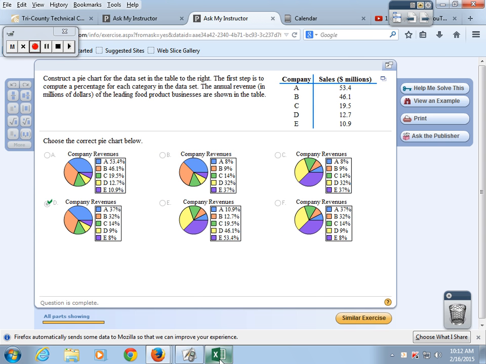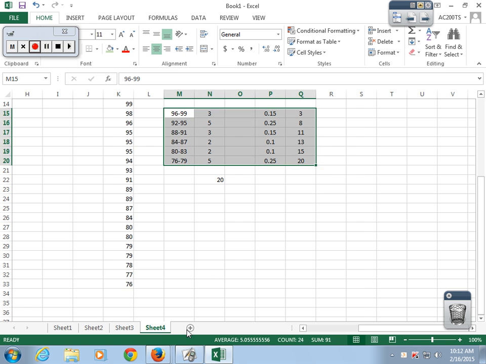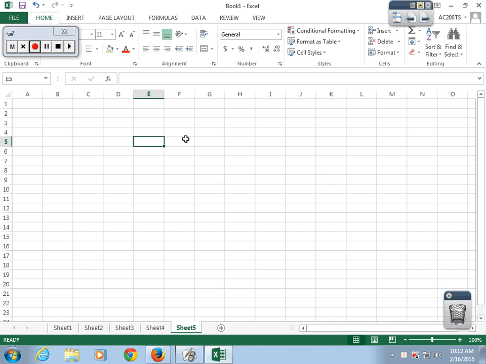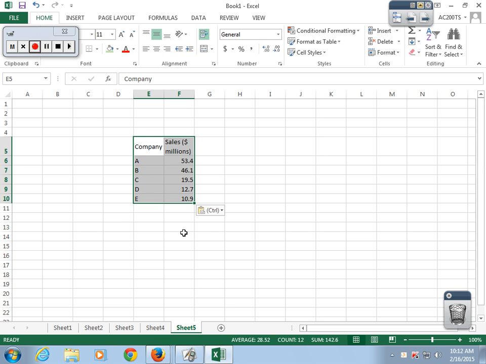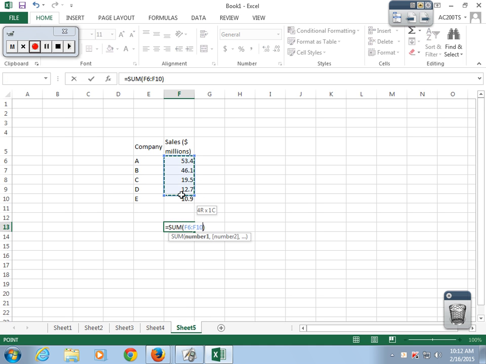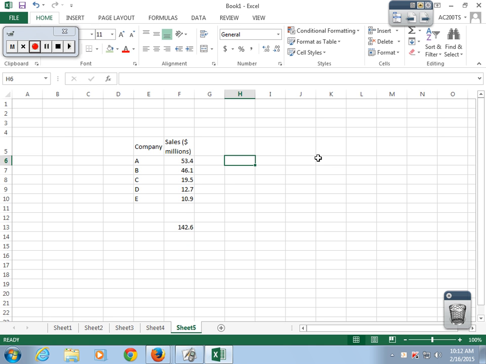So we go to our handy dandy Excel spreadsheet and we put them right here. And first thing I got to get is add up all the millions. And then I got to get a relative frequency of each of those. This guy divided by this guy, F4, and copy those down.